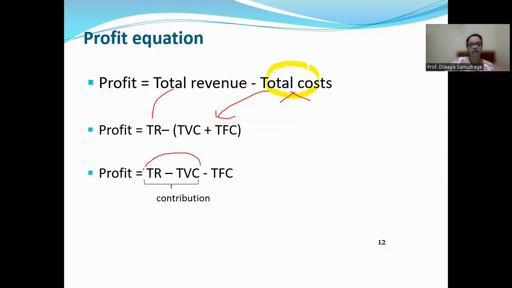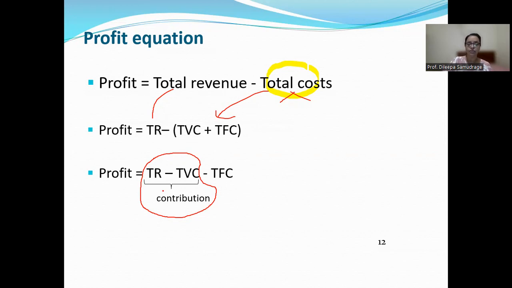For this part, we call it contribution. If you deduct your total variable cost from total revenue, we call it contribution, right? This is the central concept in CVP analysis. In CVP analysis, you must calculate contribution, otherwise you won't get marks. In the examination also, if you have a question from CVP analysis, contribution is the central concept.